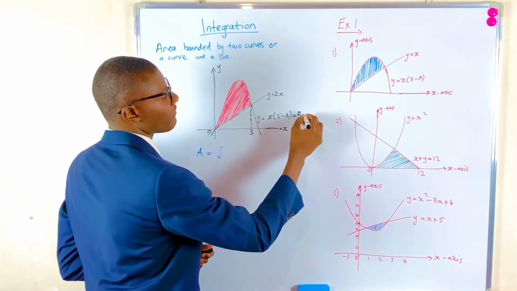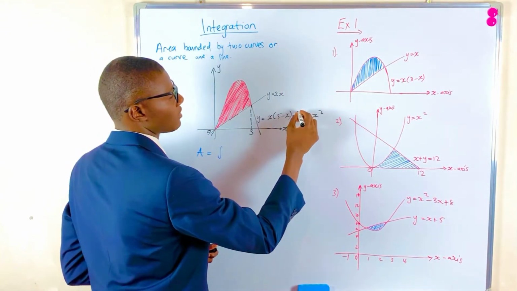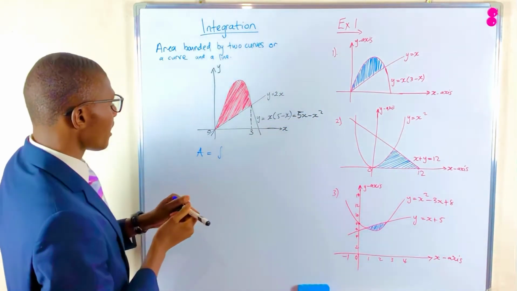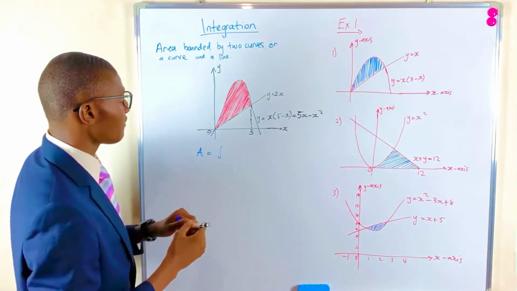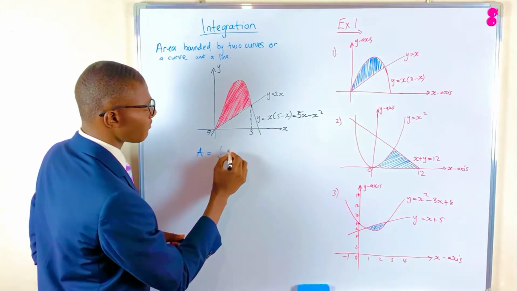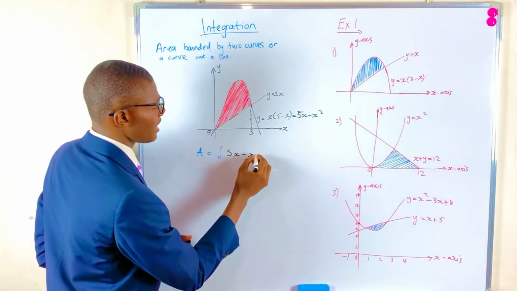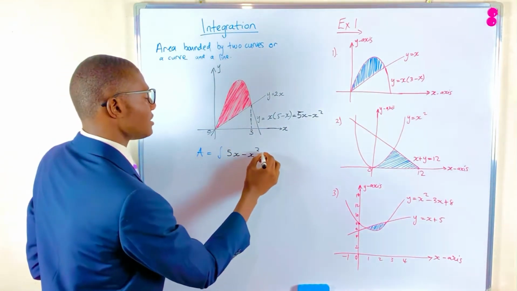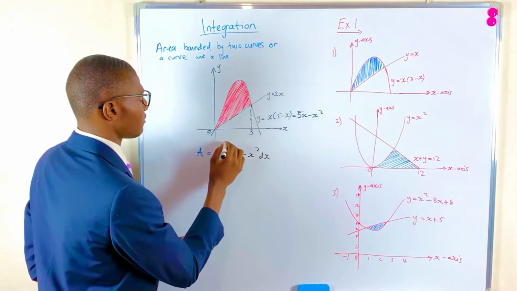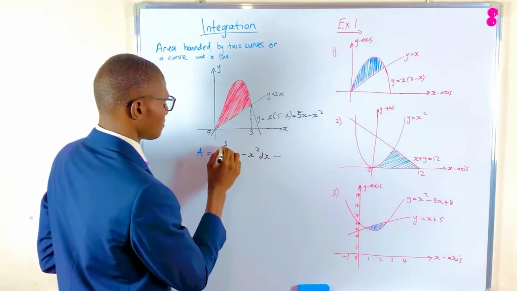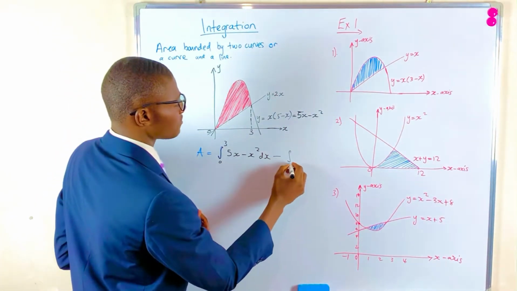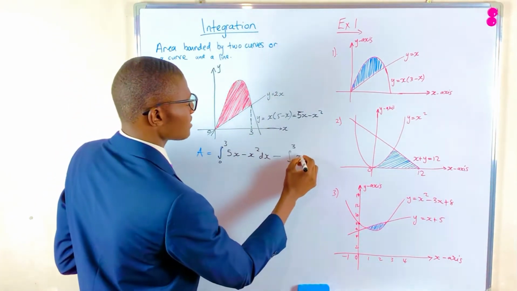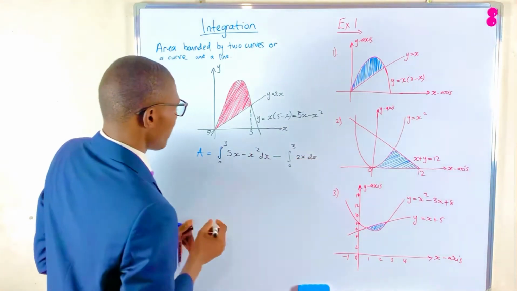So this will be 5x minus x squared. The area bounded by the shaded region is given by the integral from 0 to 3 of (5x minus x squared) dx, minus the integral from 0 to 3 of 2x with respect to x.